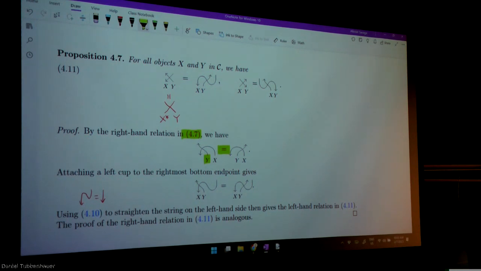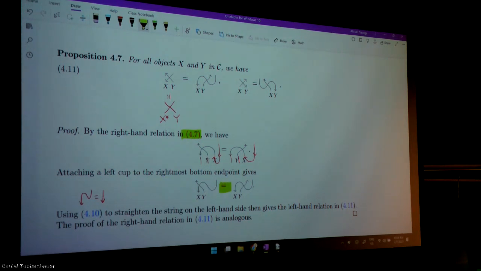So now if we take this relation and we attach a left cup to the bottom rightmost endpoint. What that means technically is I'm going to tensor both sides with down arrow, and then compose with identity, identity, left cap. And I get exactly this equation.